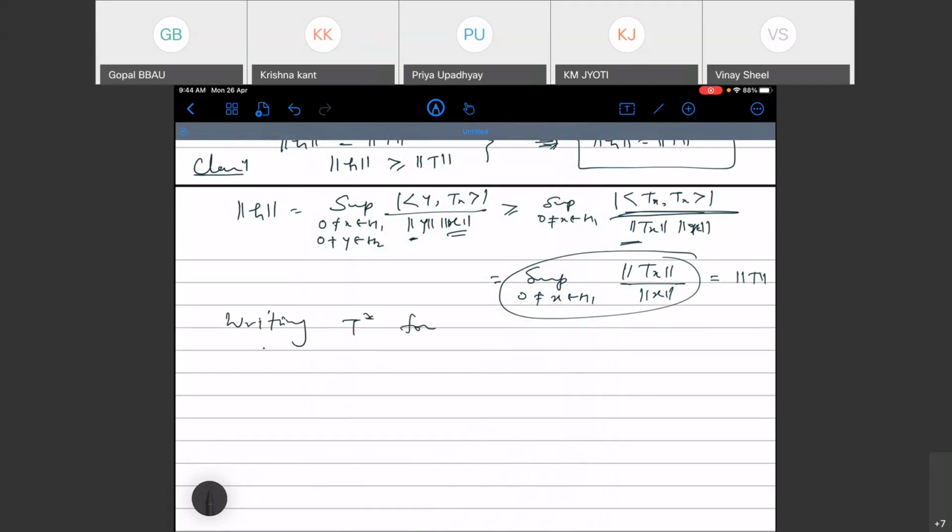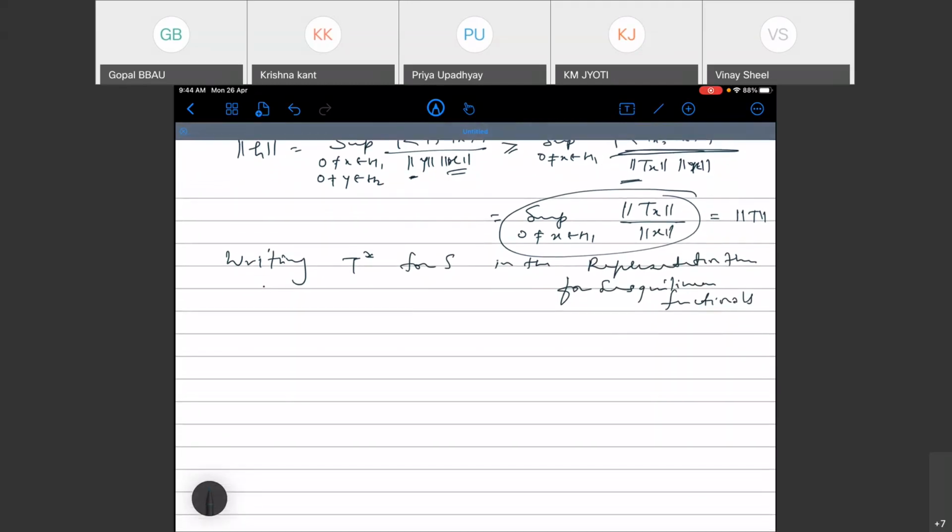T star for S in the representation theorem above for sesquilinear functionals, okay? So what you get is h(y,x) equal to ⟨T star y, x⟩.